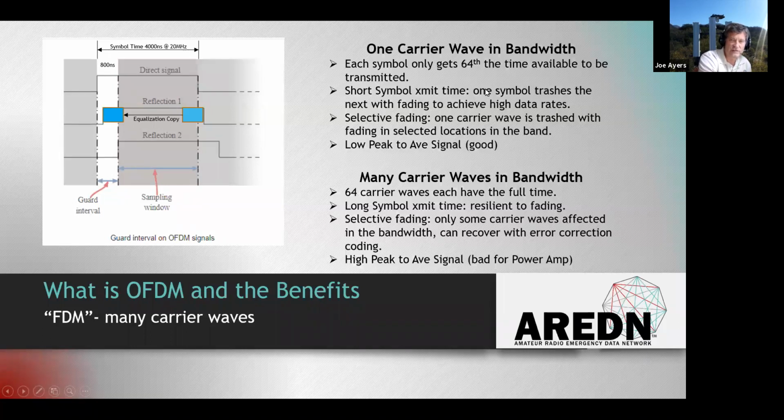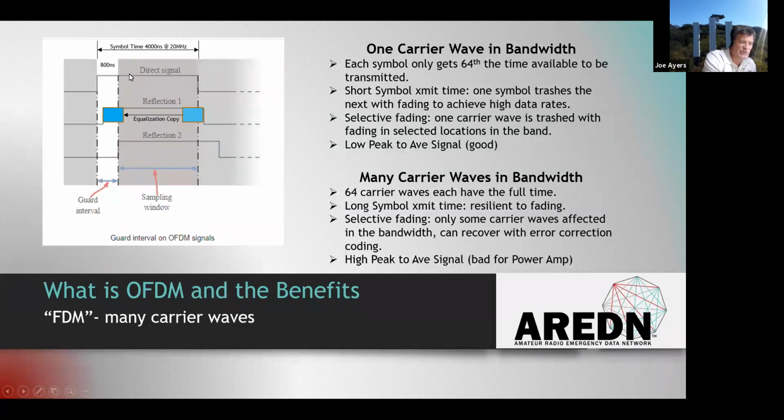So this one wave, with that limited time to transmit each symbol, has an issue where this is where the fading or reflection paths of signals come into play. So let's look at this chart here on the left. In the 802.11 specifications, the symbol timing actually includes the guard interval up front.